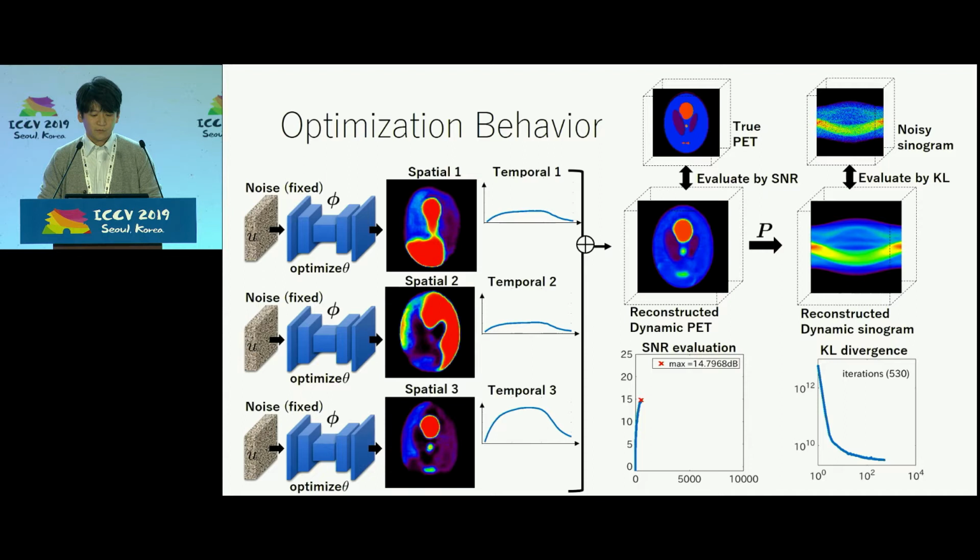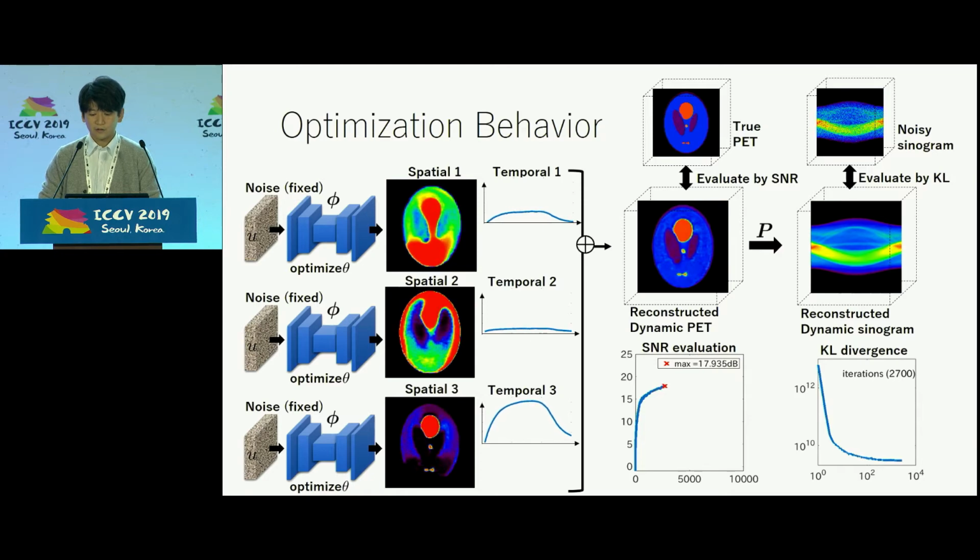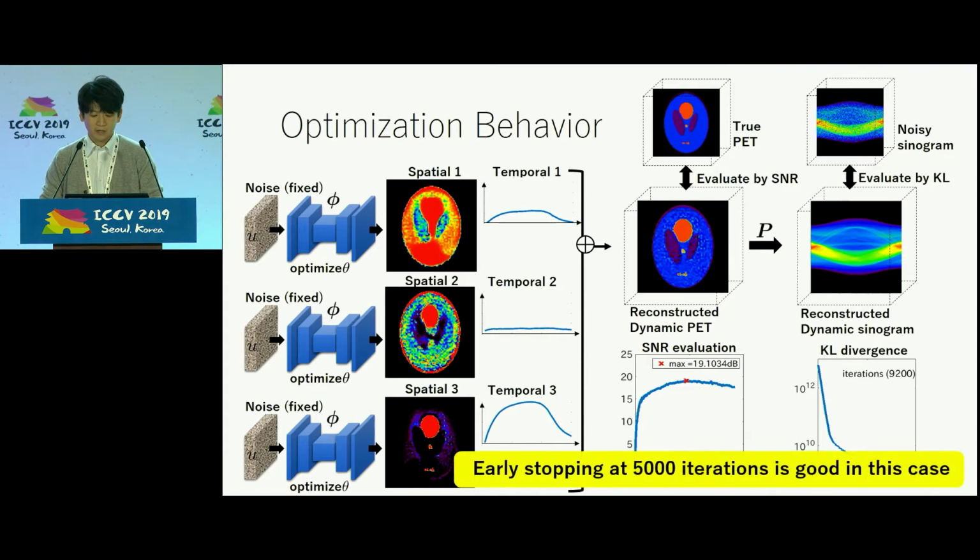And the smooth temporal basis is also optimized and integrated into the reconstructed dynamic PET. Its radon transform reconstructs the dynamic sinogram, and its KL divergence is minimized. The early stopping at 5,000 iterations is good in this case.